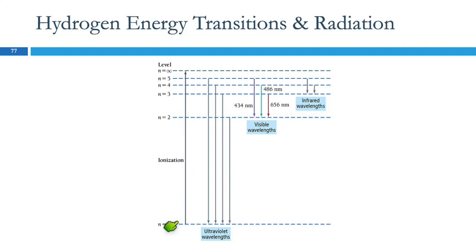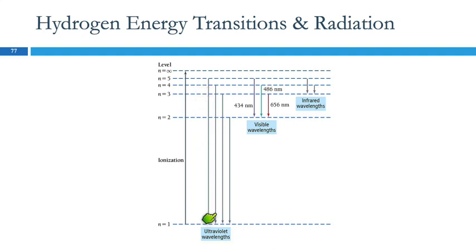So as you go higher in these levels, the electron is getting further and further away. So we could say that when it's removed, it is at level infinity. So ionizing a hydrogen atom would be going from n equals 1 to n equals infinity.